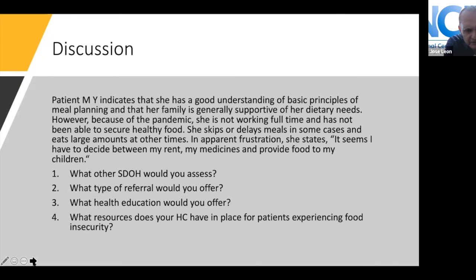And in addition to what we have seen, what other social determinants of health will you assess on this patient? You can either participate by using the chat box and adding your comments, or you can go to the reactions again at the bottom of your screen and use the raise hand, and then your line will be unmuted.